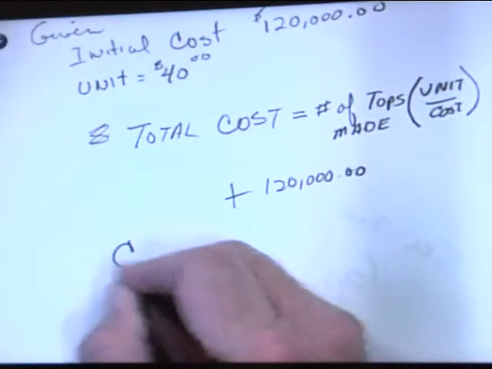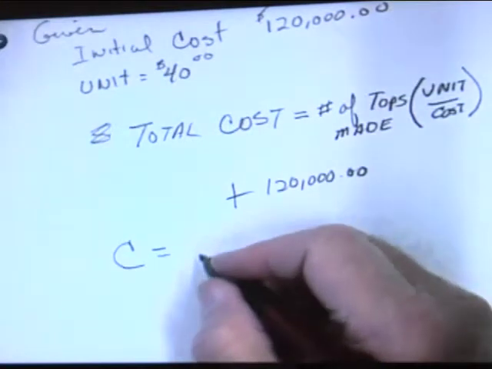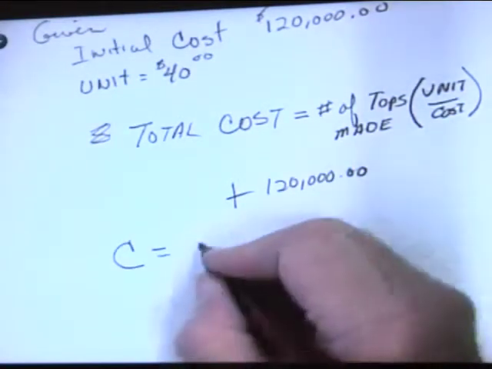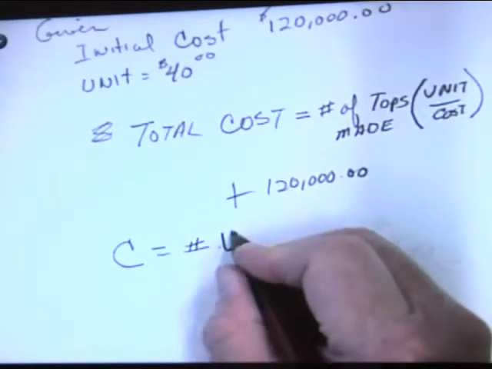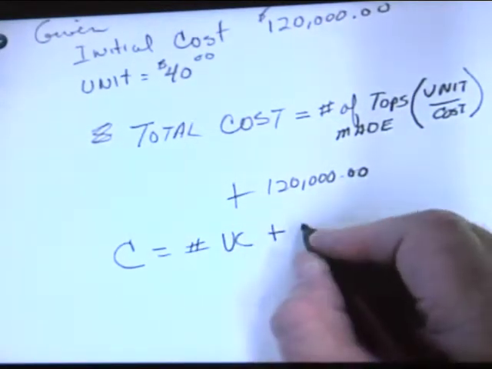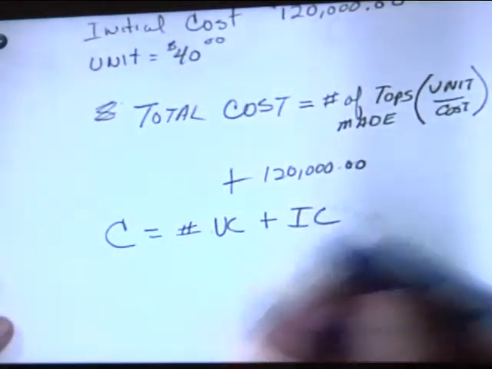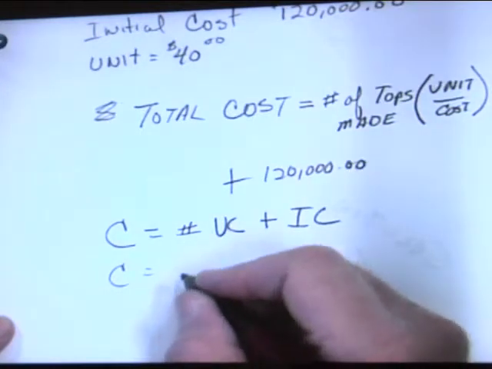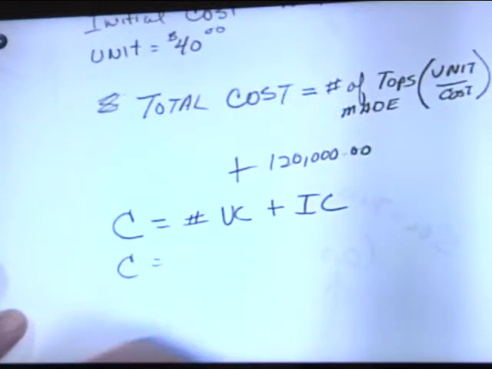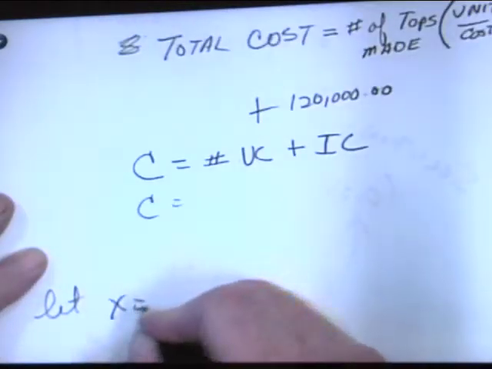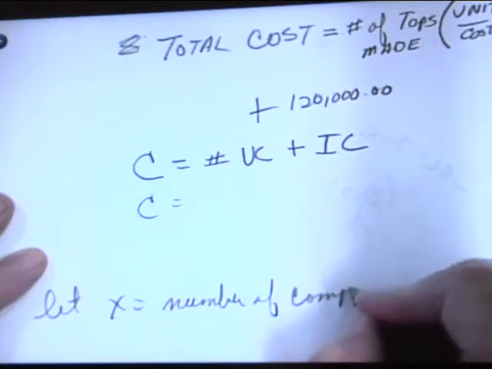Now we can write it like this. Cost, or C, equals the number times the unit cost plus the initial cost. We've written an equation. We can actually substitute numbers there. Let X equal the number of computers we make.